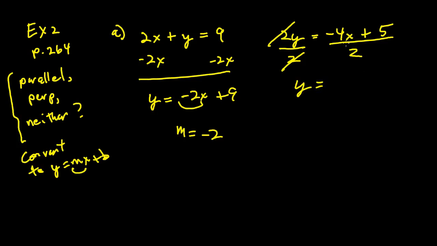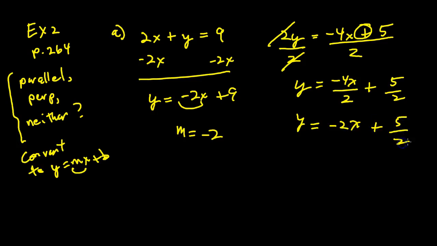I can break up this sum over the common denominator to simplify. I get minus 4x over 2 plus 5 over 2. And of course, minus 4 over 2 turns into a negative 2x. So y equals minus 2x plus 5 halves. The slope here is minus 2 as well.